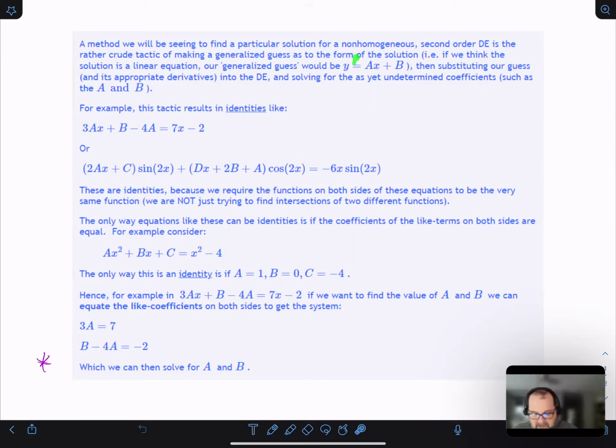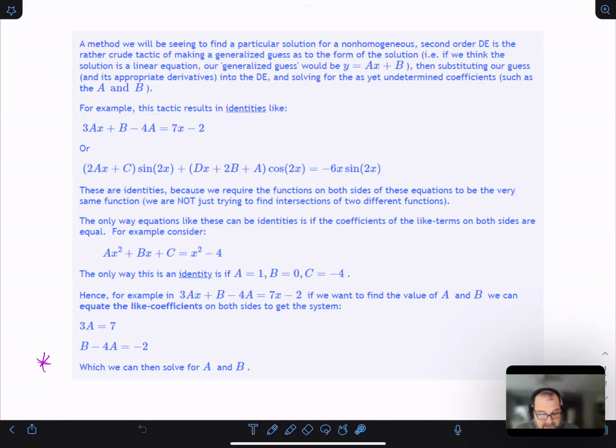If I then take this and substitute it into my DE, I can attempt to solve for capital A and capital B. So this can result in things that look like this. And of course, here would be a simpler one with a linear equation.